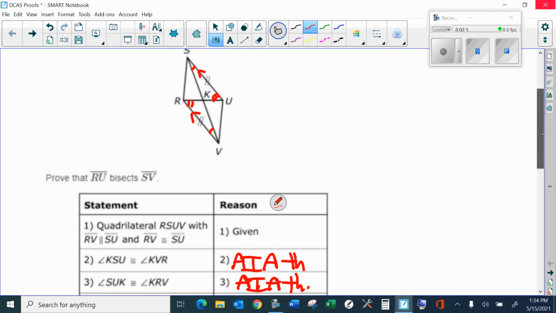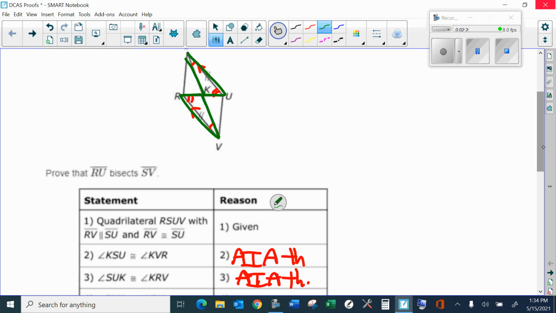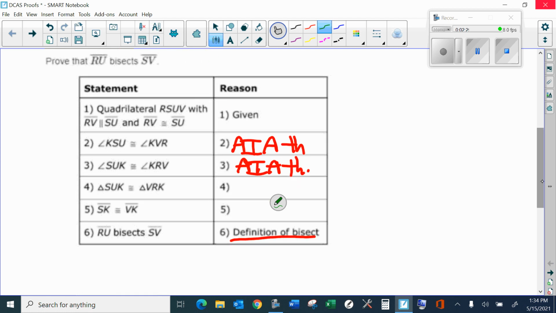Now we can say triangle SUK, that triangle is now congruent to that triangle. We should be able to see it, ASA. Right there. Angle, the original sides given to us, angle, side, angle. So we'll fill that in. Now these are going to be drop-down choices. And then remember, what do we use after proving triangles congruent?